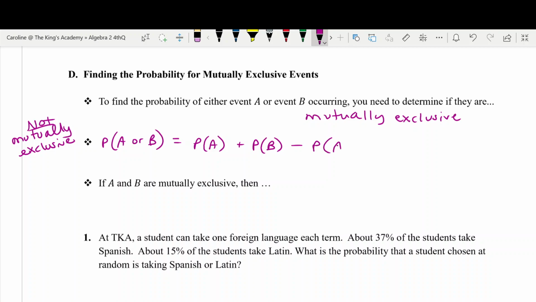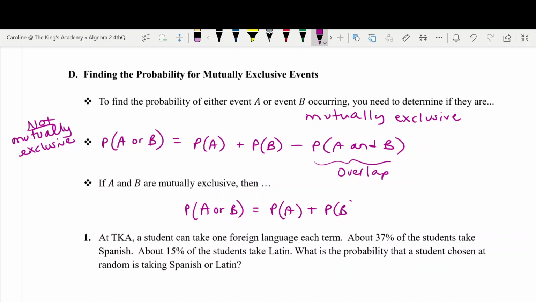So you're subtracting the probability of A and B. I like to call this the overlap or the commonalities, whatever it is they have in common. If they are mutually exclusive, it's very basic. The probability of A or B happening is whatever the probability of A is added to the probability of B. Just add them together.